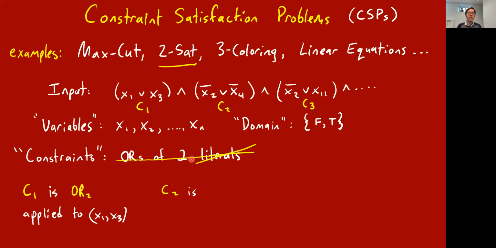Okay, what about C2? I want to claim that C2 is also some predicate or relation, or little function, applied to variables x2 and x4, but I don't want to mention literals. So does anybody know what predicate is being applied or is constraining x2 and x4 here? You can type it into the chat.